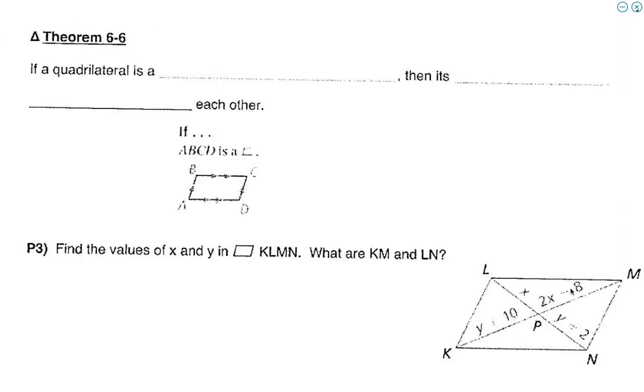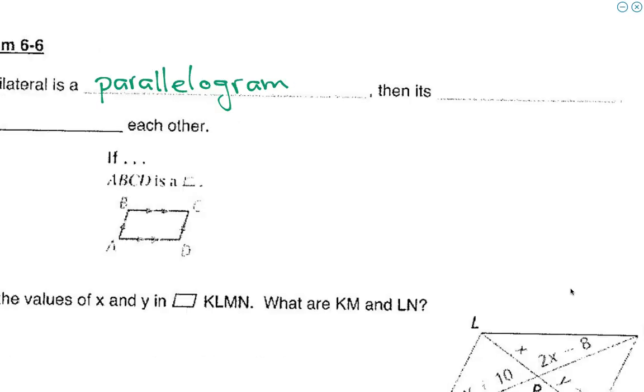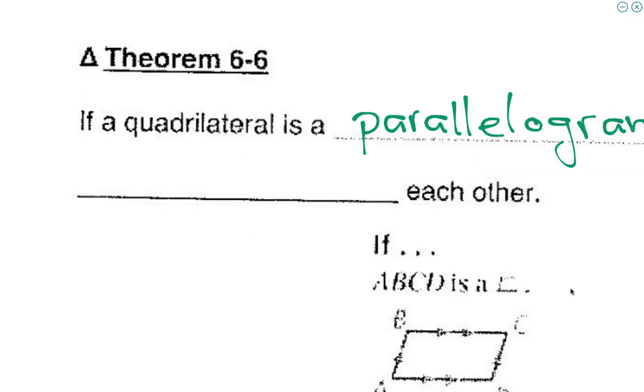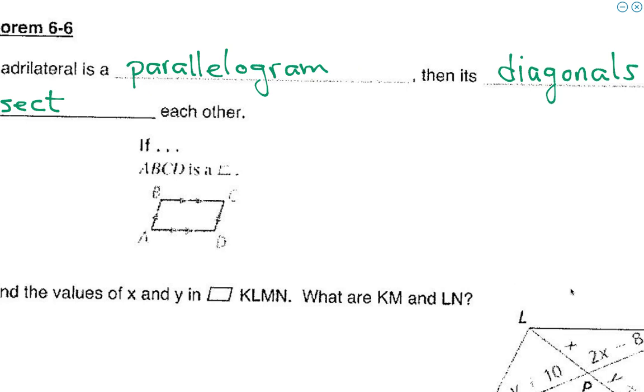All right, theorem 6.6. If a quadrilateral is a parallelogram, then its diagonals bisect each other. So they intersect, but they intersect so that they bisect.